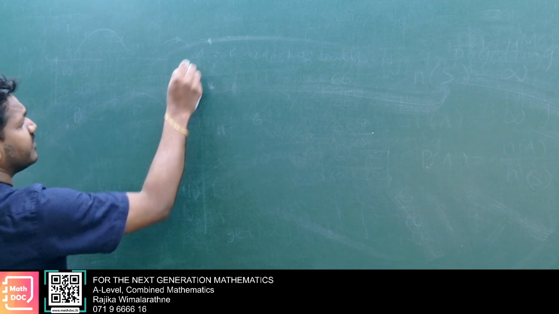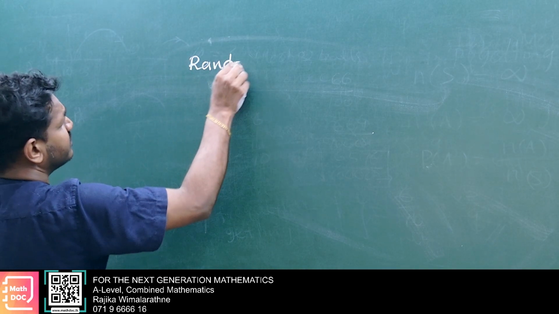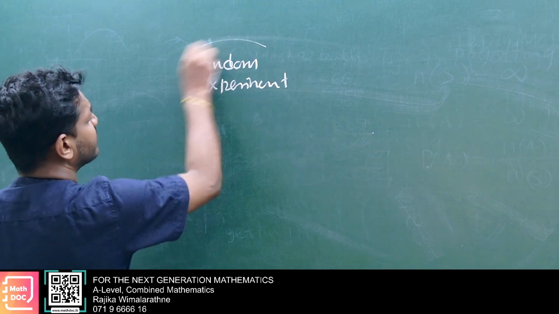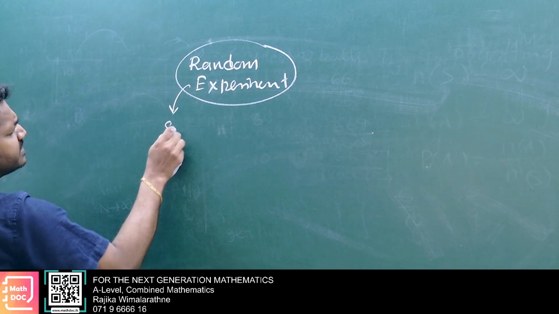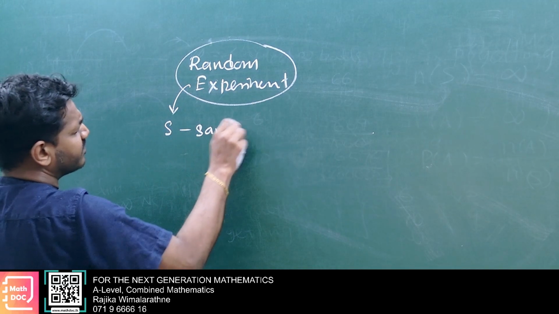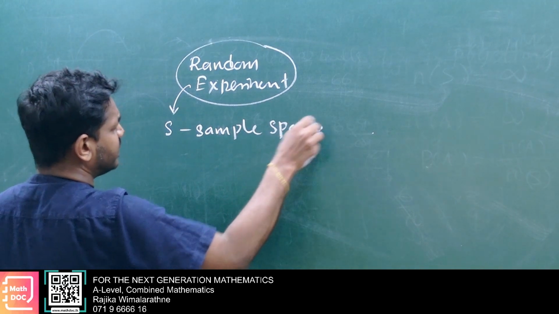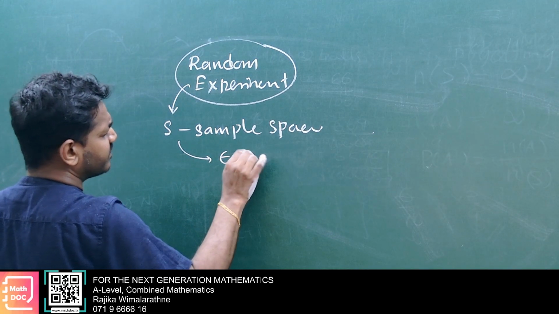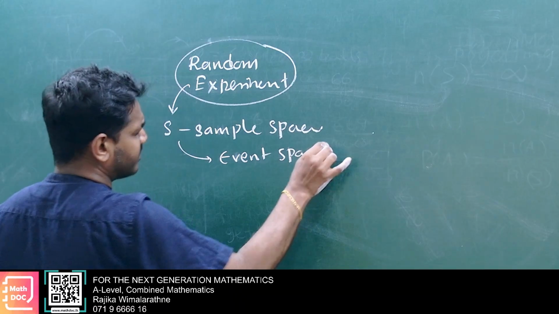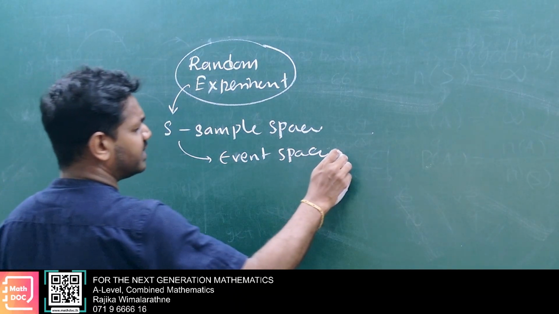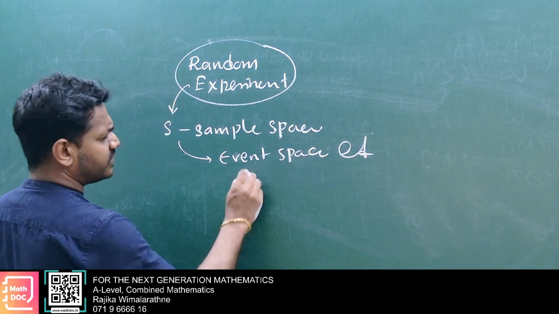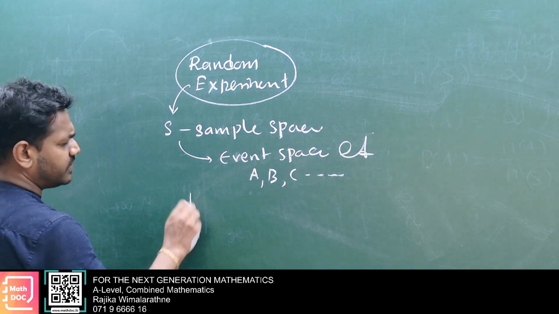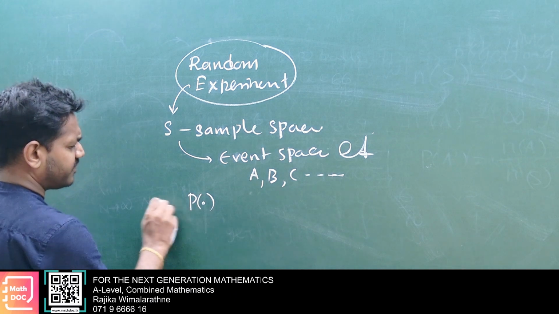Now here we have a random experiment. Then we get a sample space. So by that we can create the event space, we denote it by curly A. Those events we can denote by A, B, C, and so on. So this is the probability function.